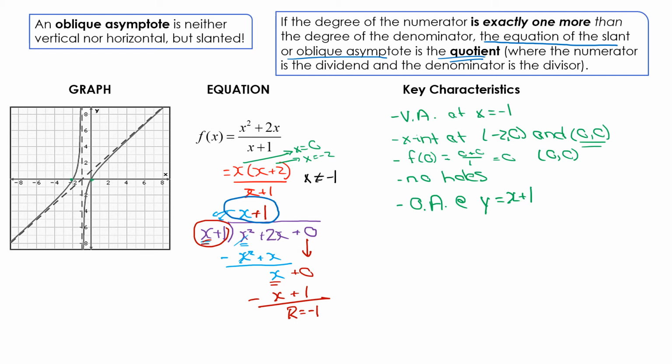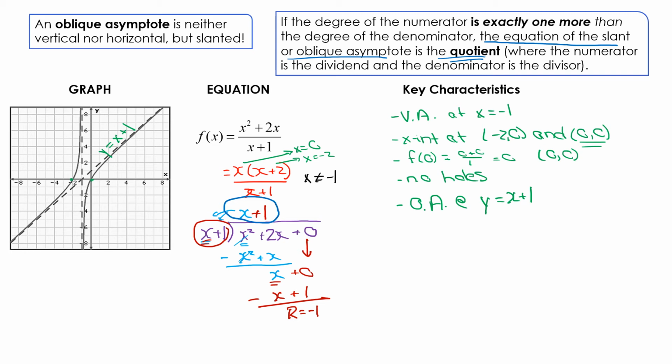That is the equation of this line right here, y equals x plus 1. So you know how to graph that on your own. If not, you're going to have to review that, but that is how you find the equation of where to place the oblique asymptote. So I think we've done all the characteristics there.